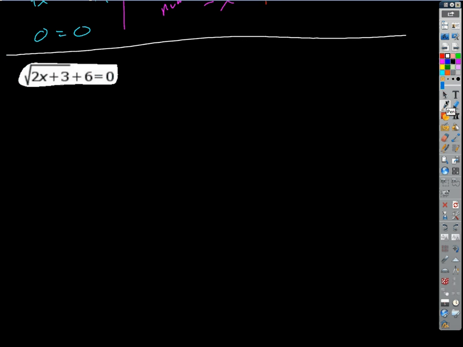This is what we call a radical equation. Here, I'll rewrite it. Square root of 2x plus 3 plus 6 equals 0.